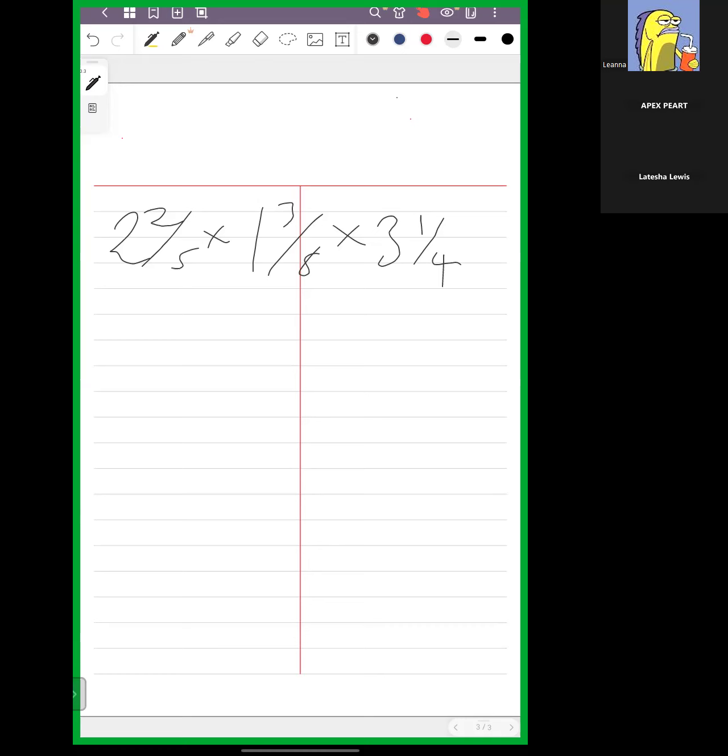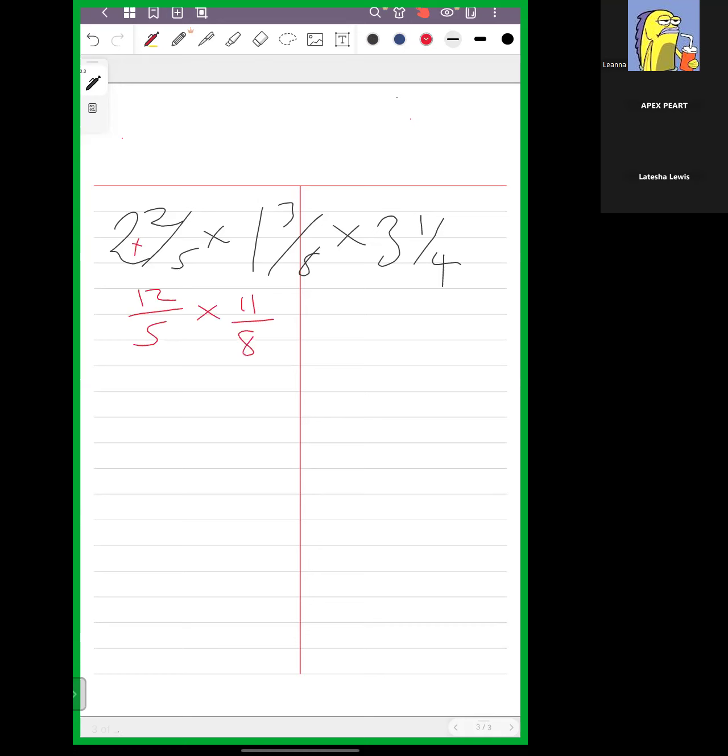All right, so I think you guys might have gotten close to the answer by now. Let's see here. 5 multiplied by 2 is 10. 10 plus 2 is 12 over 5. Multiplied then by 8 multiplied by 1 is 8 plus 3 is 11 over 8.